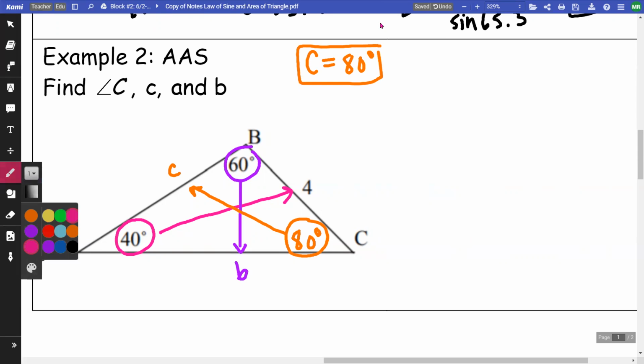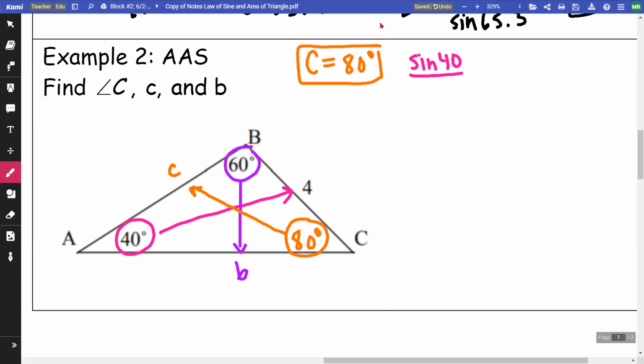Okay, so I'm going to use my angle A and side A because I know those. So I'm going to do sine of 40 degrees over 4 is equal to, and let's find B first. So sine of 60 degrees over little b, cross multiply and solve. So when I cross multiply, I'm going to get b times sine of 40 degrees equals 4 sine of 60 degrees.